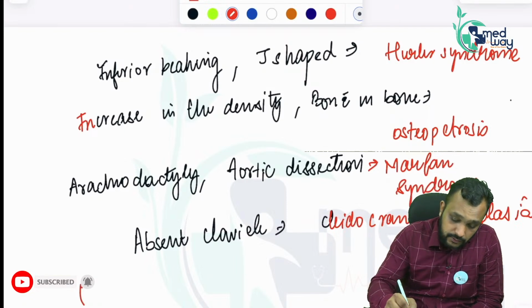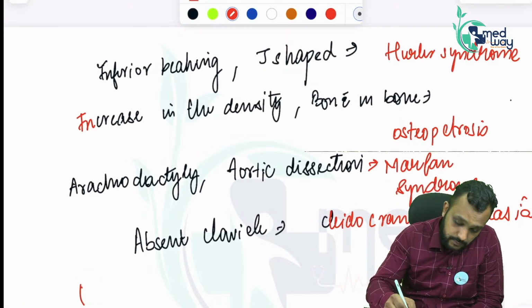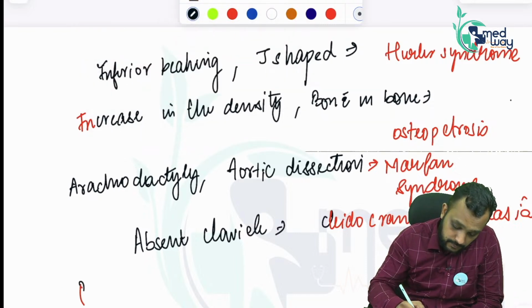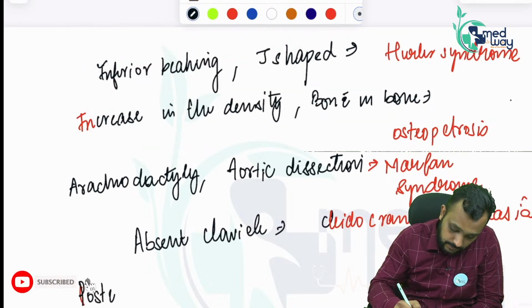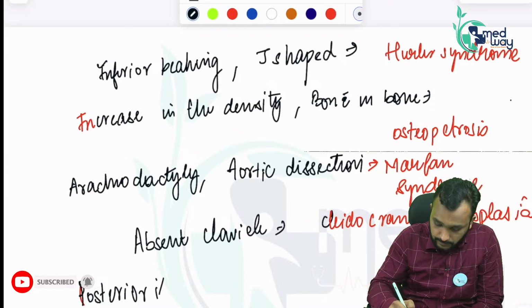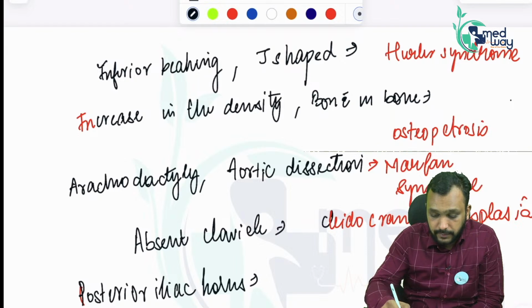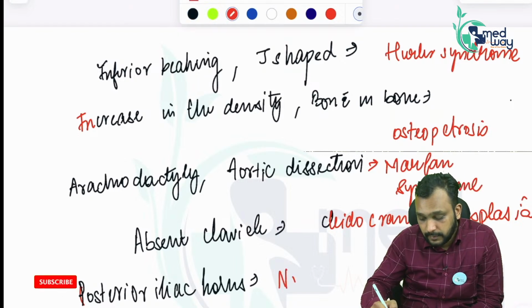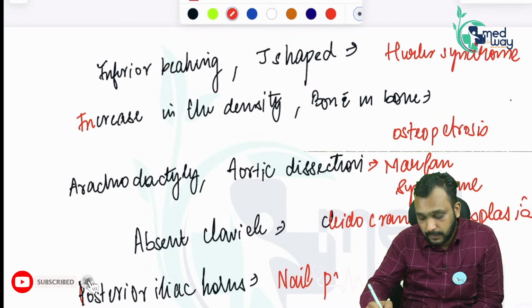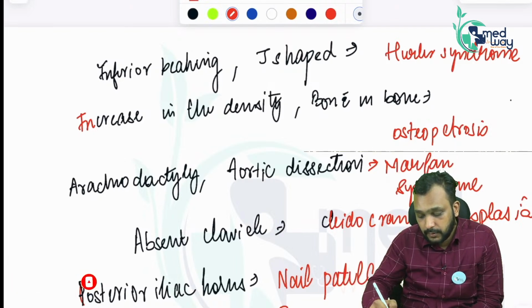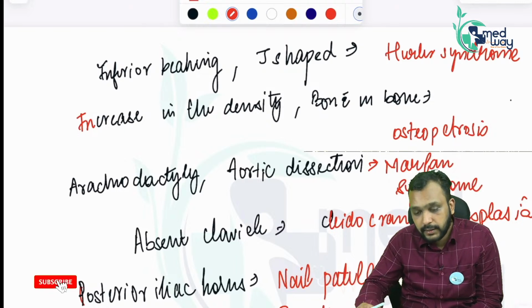Posterior iliac horns, these are seen in patients with nail patella syndrome, right.